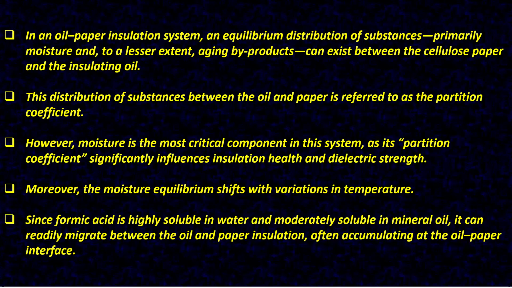This distribution of substances between the oil and paper is referred to as the partition coefficient. However, moisture is the most critical component in this system, as its partition coefficient significantly influences insulation health and dielectric strength. Moreover, the moisture equilibrium shifts with variations in temperature.